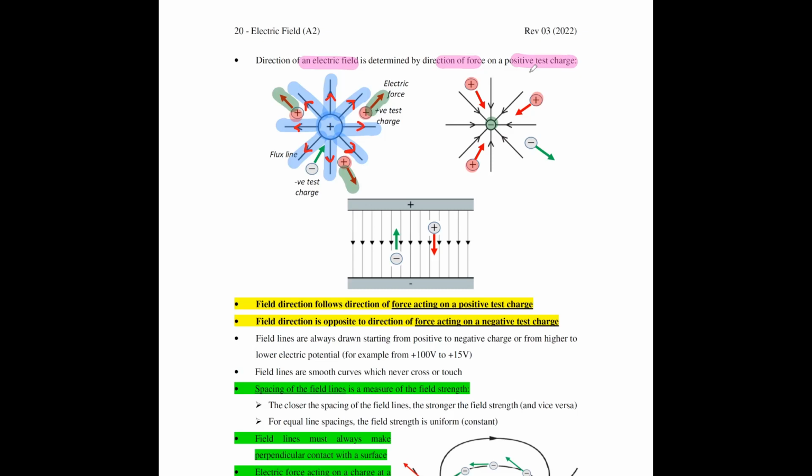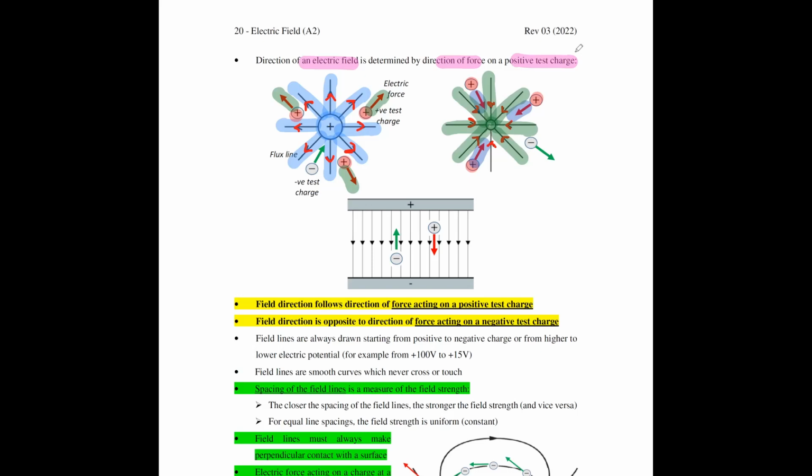So the direction of your force on the positive test charges will be inward, so the direction of your field would be directed inwards here. The field line remains radial as before, but this time the direction must be inwards. That is how we determine the direction of your electric field.